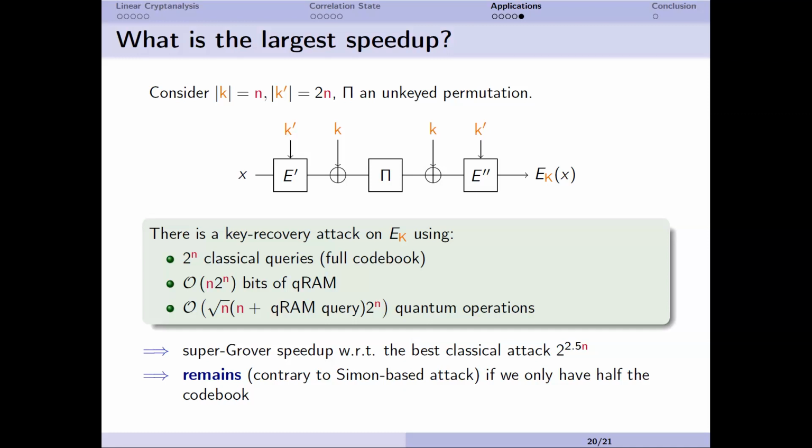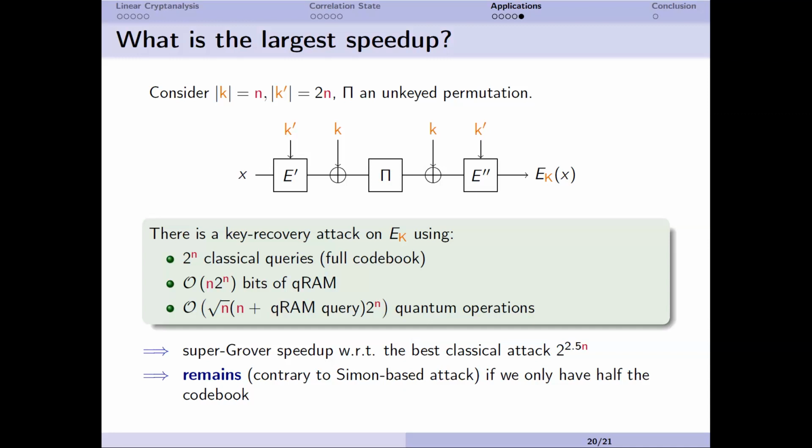The attack is simply going to still guess the key K prime here by using exhaustive search, and then solve the problem here, attacking the remaining construction, but using the fact that there is a linear approximation somewhere. That would be the quantum attack.